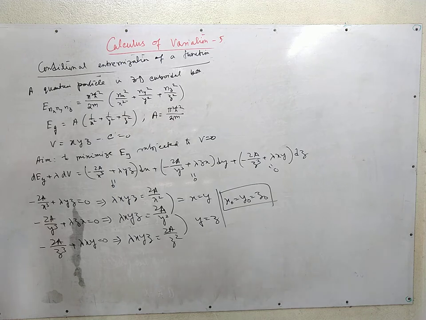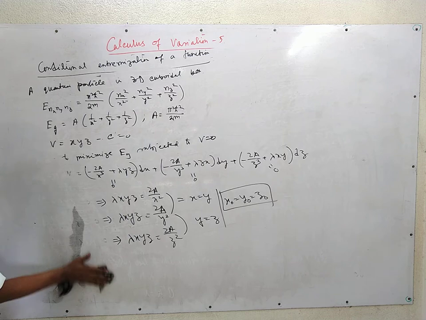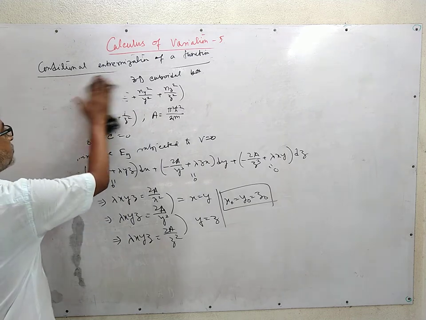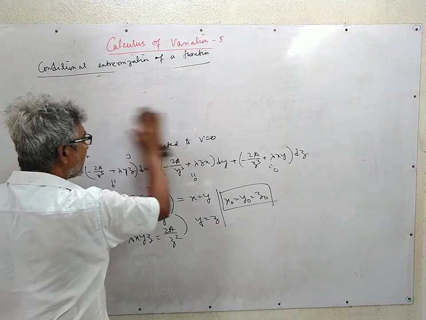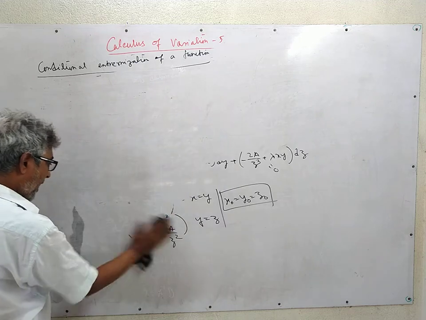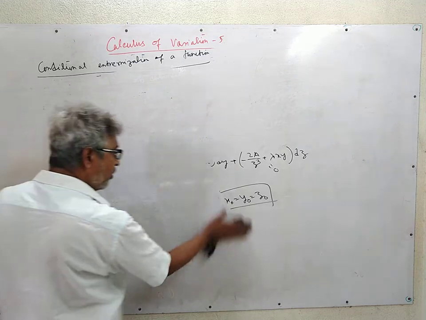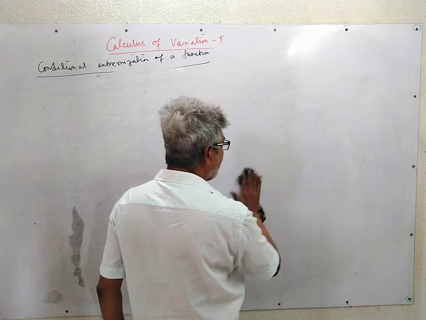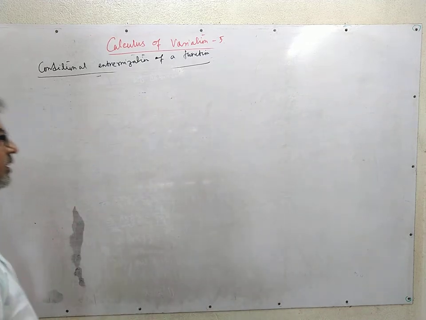We consider another example. We consider a cuboidal hollow box, a cuboidal hollow box with one side open, and the box has a fixed volume. Our aim is to find out the shape so that the surface area is an extremum one.